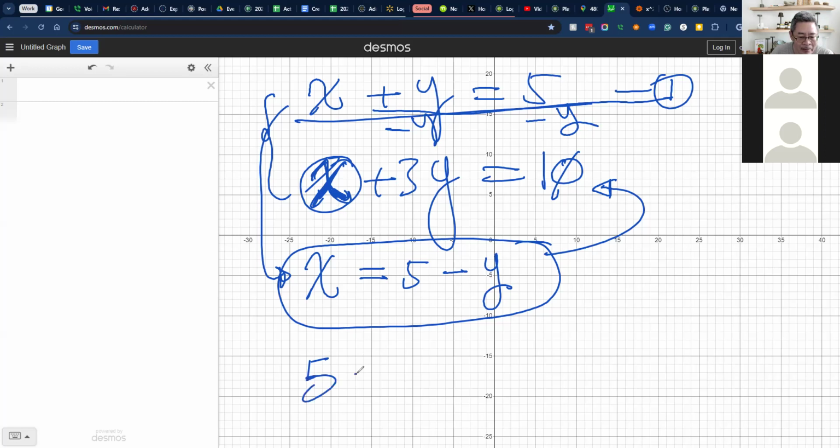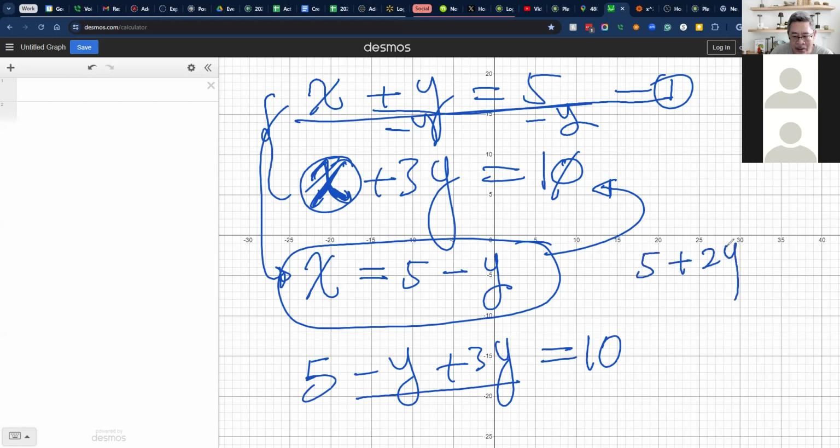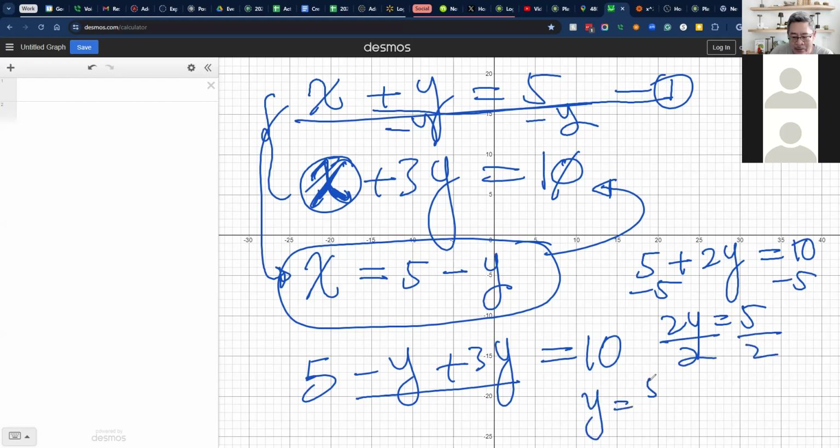So it's 5 minus y plus 3y equals 10. And then negative y plus 3y will be 2y. So we got 5 plus 2y equals 10, then minus 5 on both sides. Then 2y is 5. Then divide by 2, then y is 5 over 2. That's the first one.